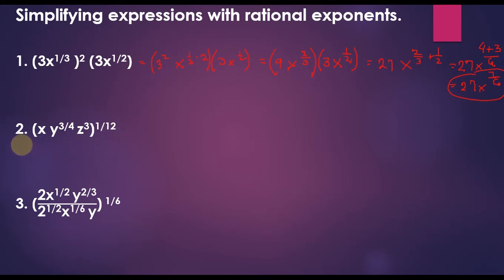Next, number 2. Quantity x times y raised to 3/4 times z cubed raised to 1 over 12. We're going to apply power of a product, so distribute 1 over 12 to each base. X, since x has an exponent 1, so 1 times 1 over 12 will give you 1 over 12.